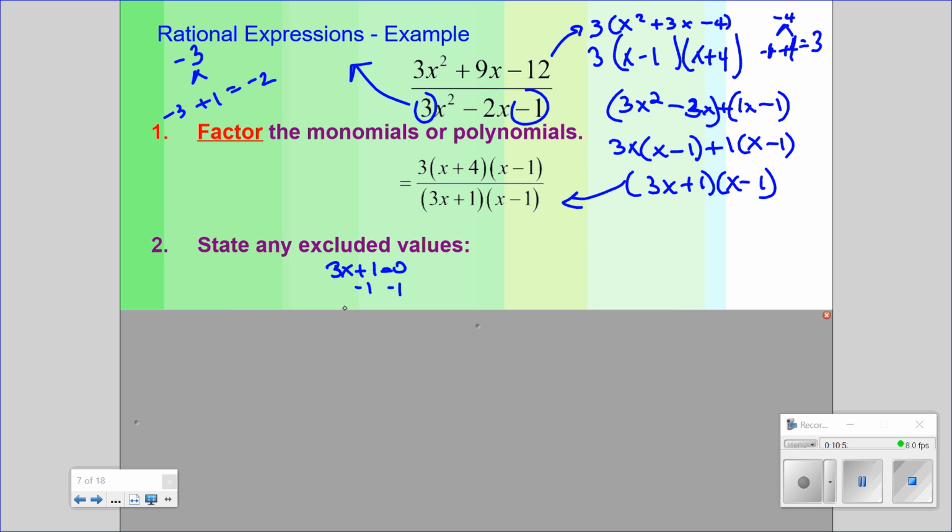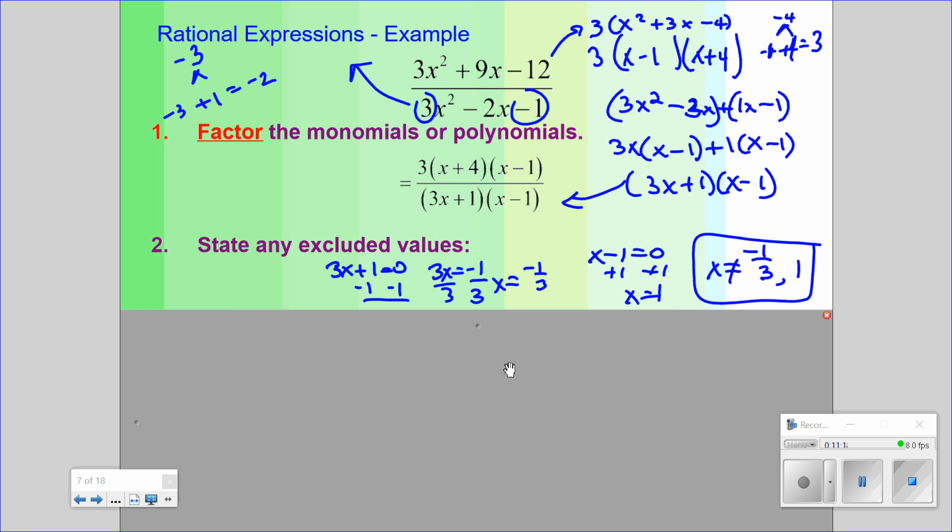You subtract 1 from both sides, and then divide by the 3 that's left. Running out of space, but x would equal negative 1/3 in that situation. Then the second term set equal to 0, add 1 to both sides, x would equal 1. So the terms that x actually cannot be equal to are negative 1/3 and positive 1.